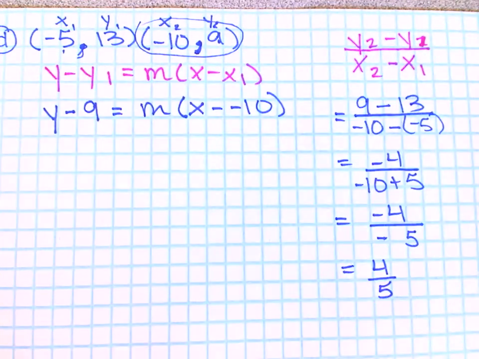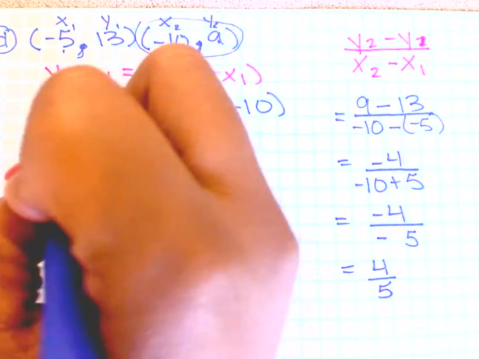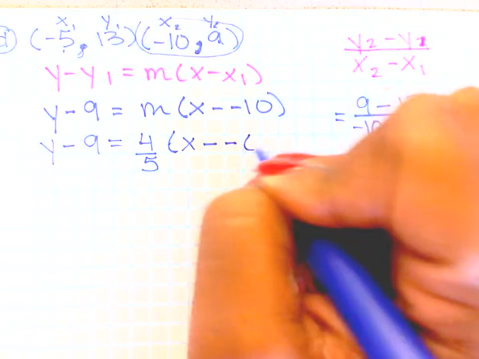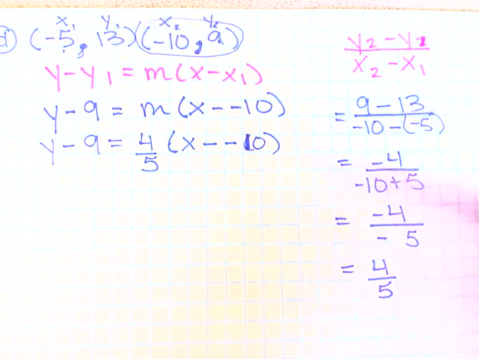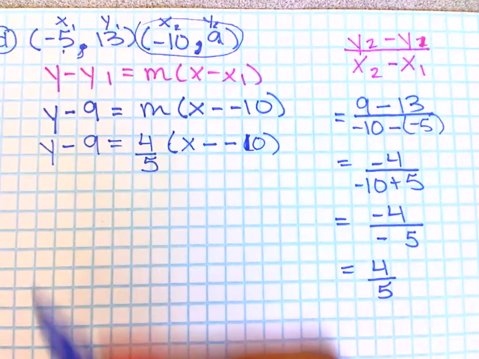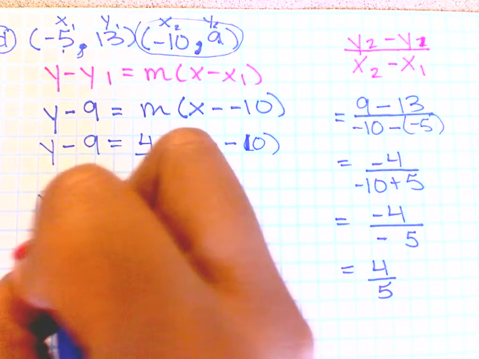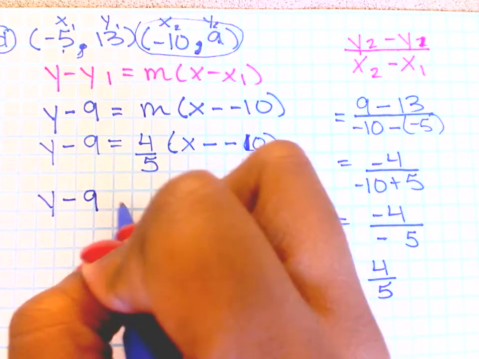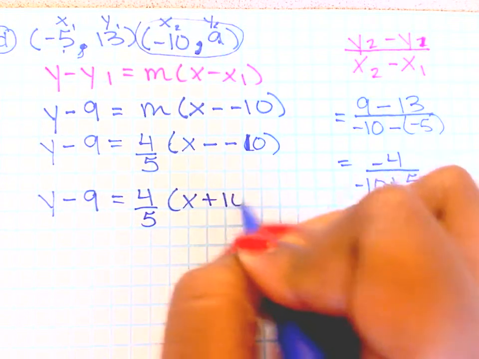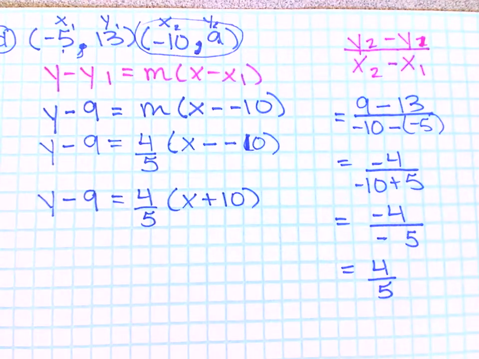Okay, so now I have the slope, so I can add that in. Y minus 9 equals 4/5, the slope we just found, times x minus negative 10. When two negatives are next to each other, they become a positive. So y minus 9 equals 4/5 x plus 10.